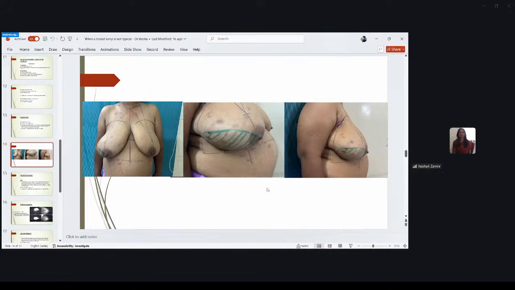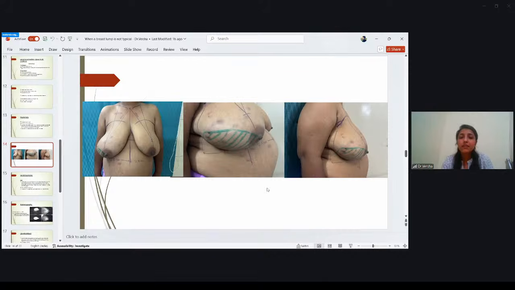Considering the history and examination part in mind, ma'am, my first diagnosis will be more towards the benign pathology in this case. On the basis of history, we can consider malignancy as our first diagnosis.